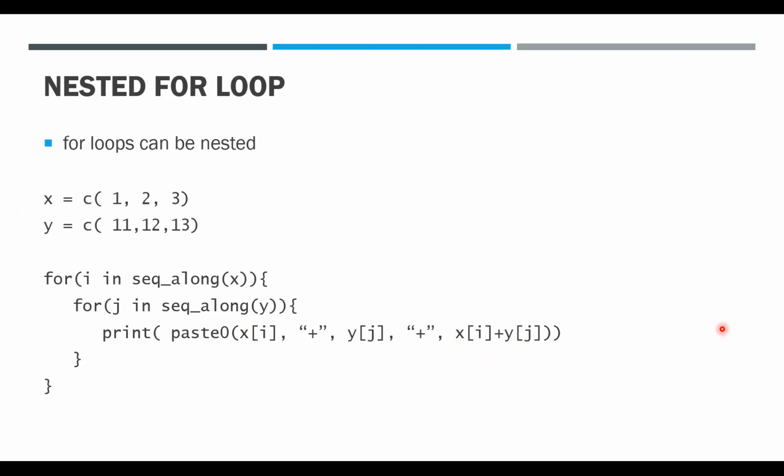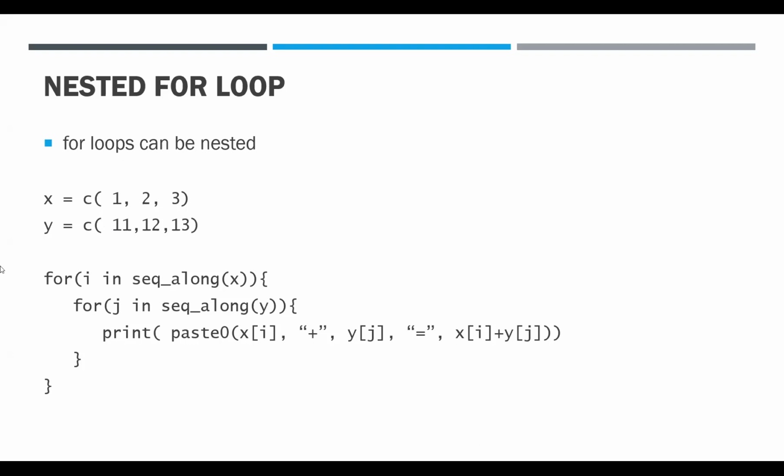Okay, so I see a typo there. If this works as it's supposed to, it would simply say 1 plus 11 equals 12, and then 2 plus 12 equals 14, etc. Right?